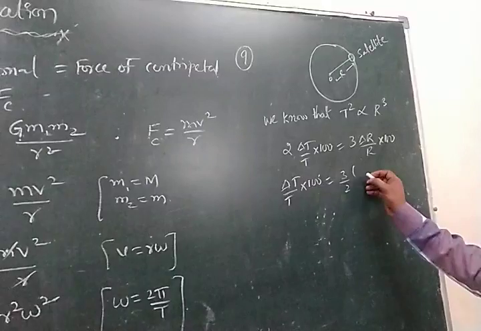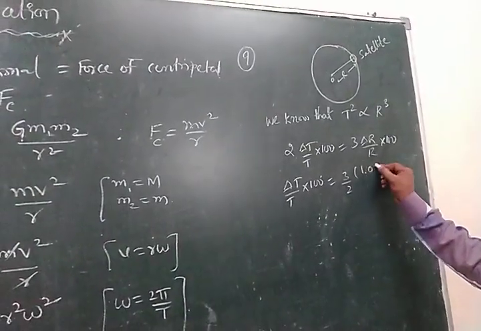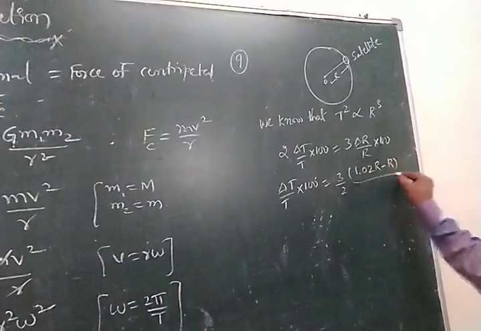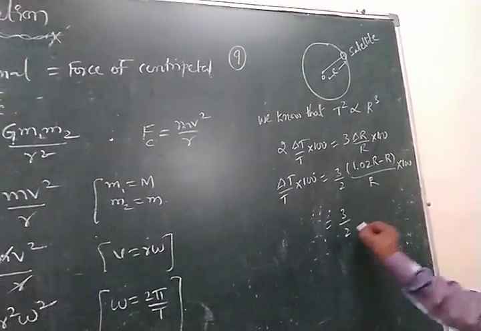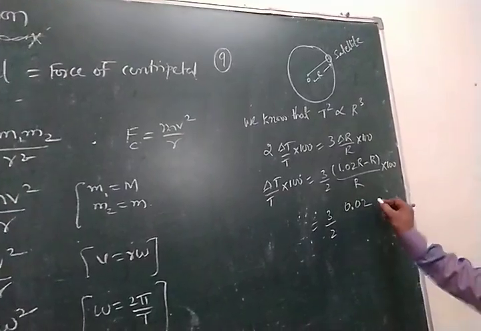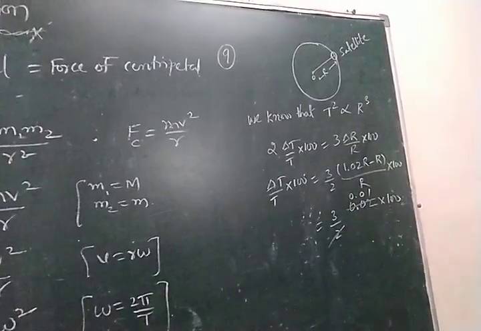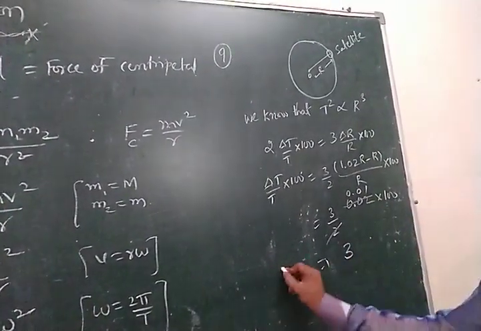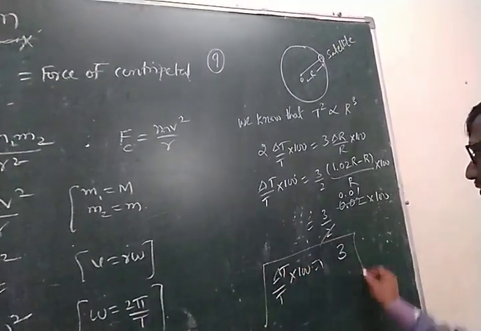Delta r is the change, r2 minus r1. r2 is given as 1.02 r, minus 1 r, divided by r, into 100. That is equal to 3 by 2 into 0.02 into 100. Now it cancels. This is the delta T by T into 100% is equal to 3.